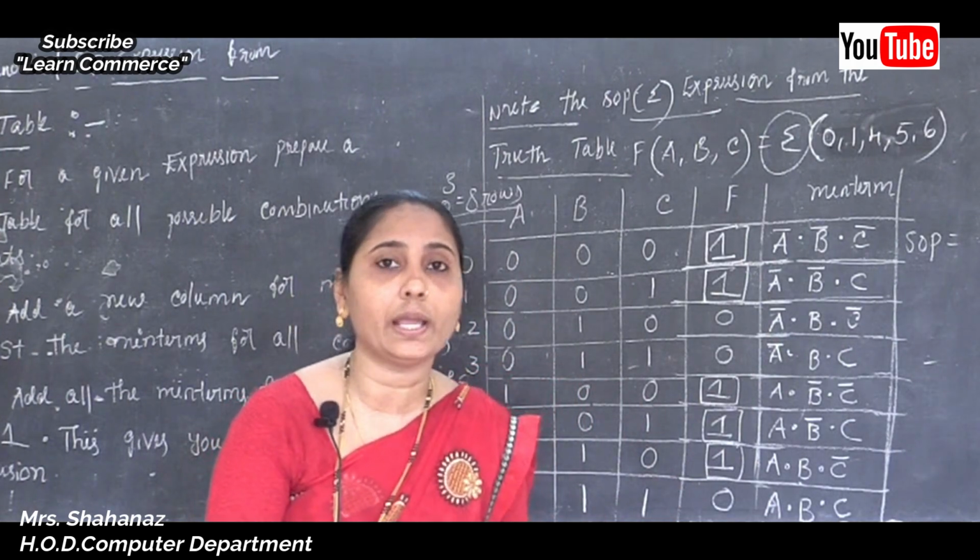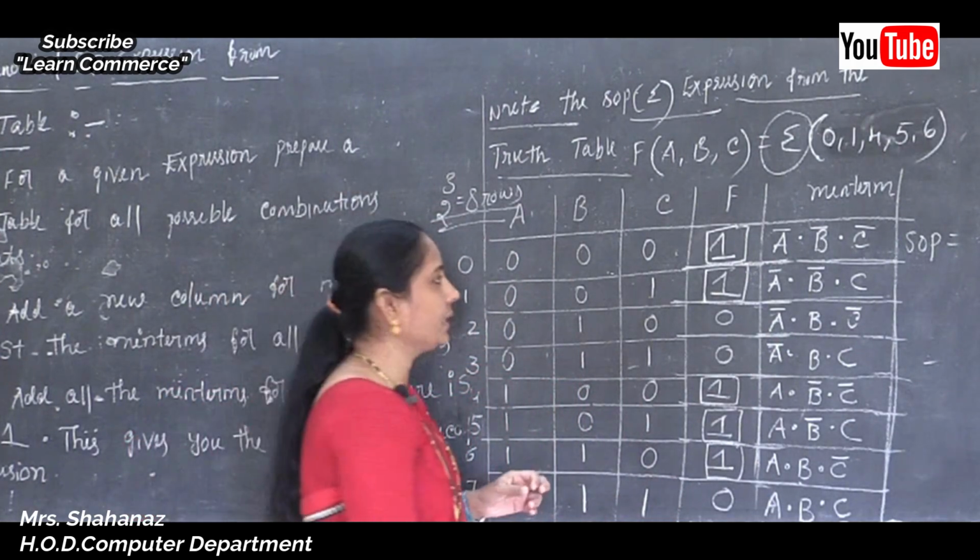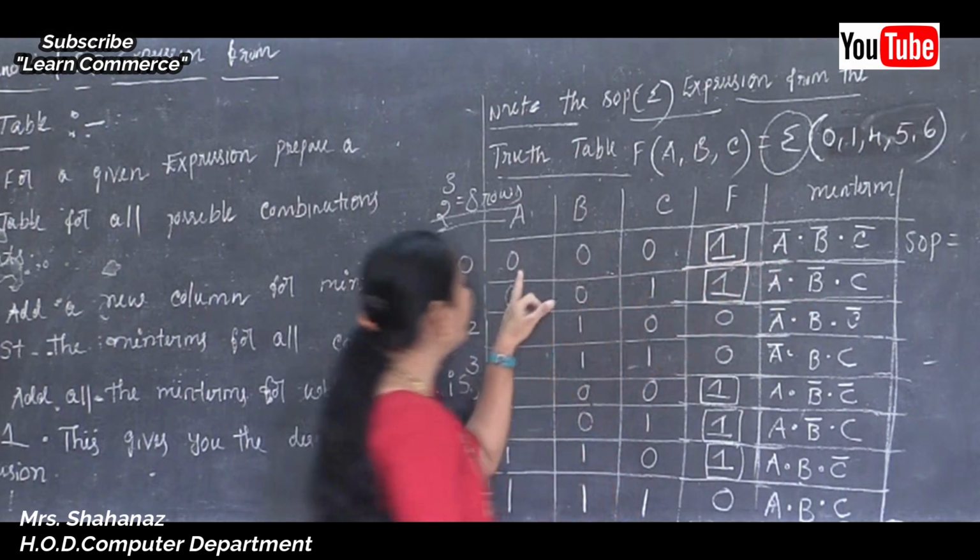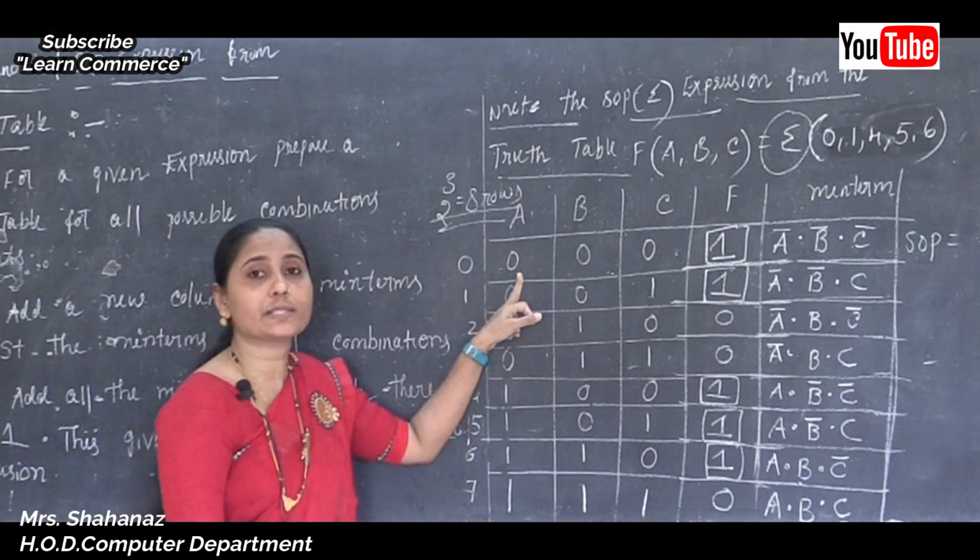The column name is the product terms, also called the min term. For a variable with value 0, take its complement.